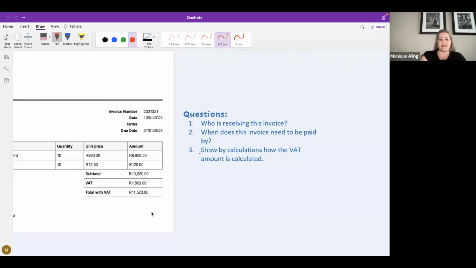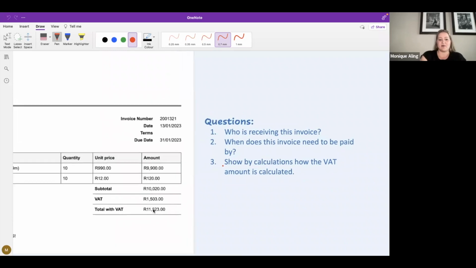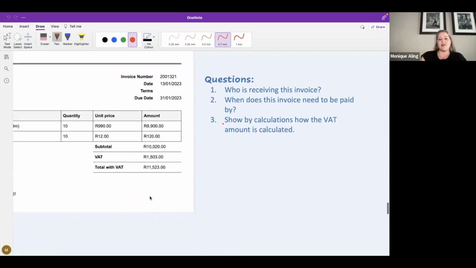So we can see the VAT amount at the bottom here. How did they calculate that VAT amount? What numbers do you use? Do you times? Do you divide? How do we get that VAT amount of 1,503?